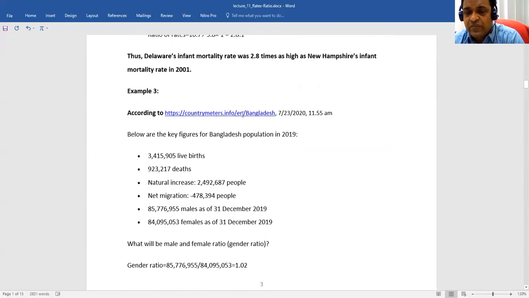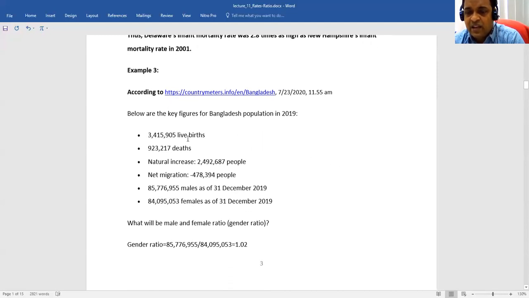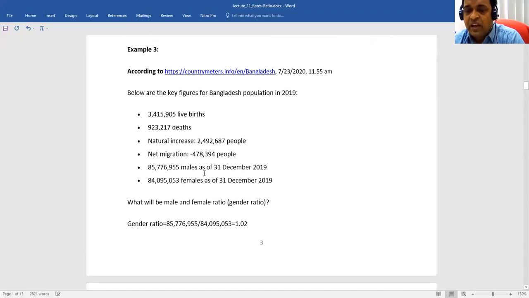If you go to the website, we'll find some information about Bangladesh for 2019. I give the website here, you can search it and get more. There are given live births, deaths, natural increase, net migration, and the male population and the female population for 2019.